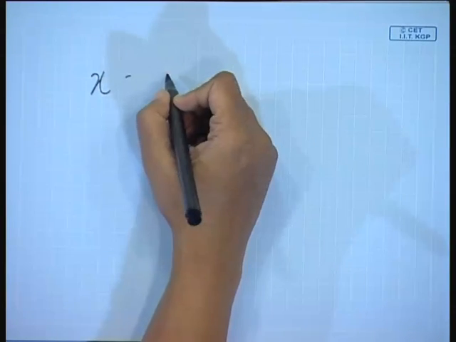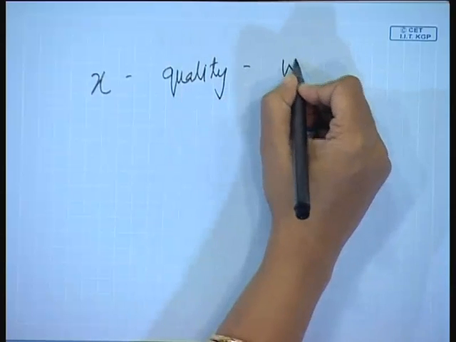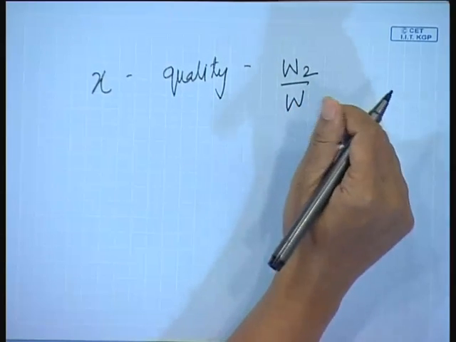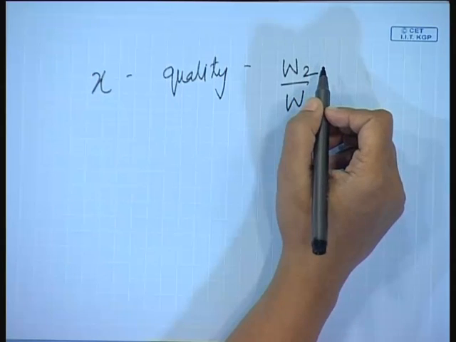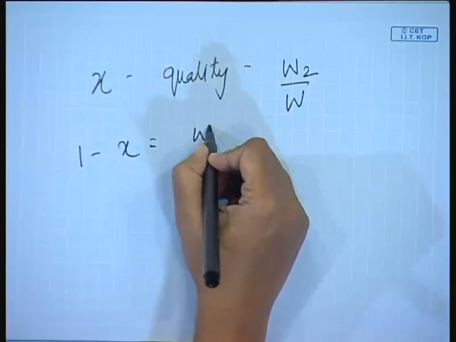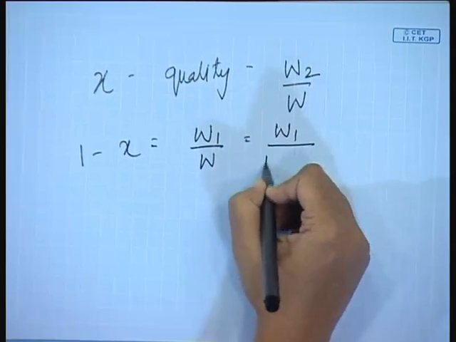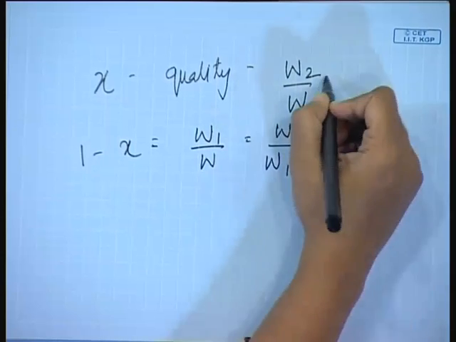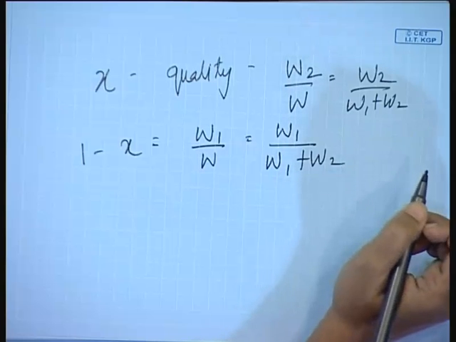From thermodynamics, we know that usually the mass fraction is defined as quality X, where X is nothing but W2 by W, where you remember 2 is the lighter phase or the discontinuous phase, which usually refers to the vapor phase or the liquid phase in this particular condition, and 1 minus X is naturally W1 by W. We can write it in this particular way.